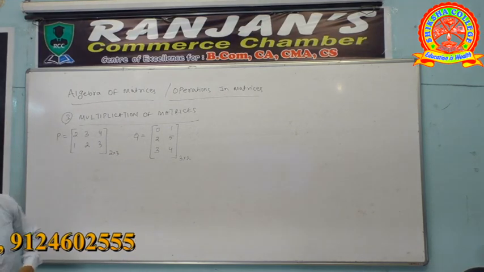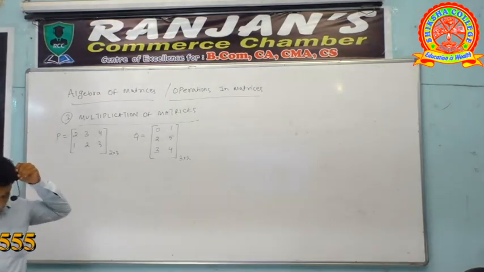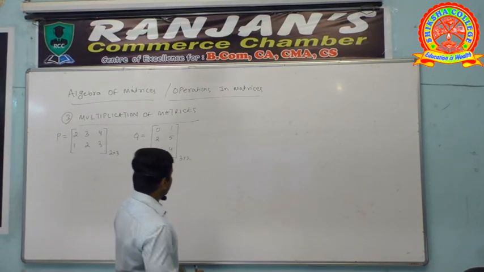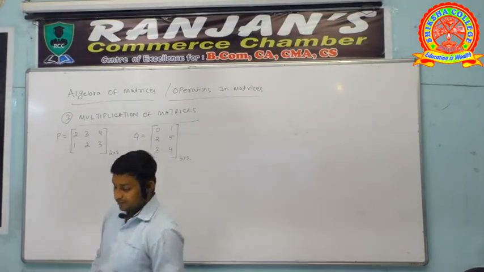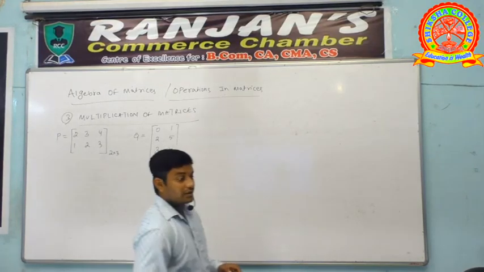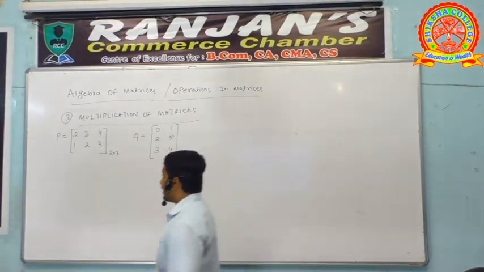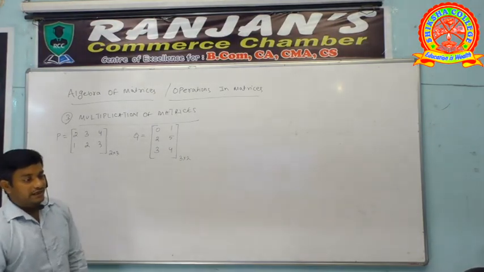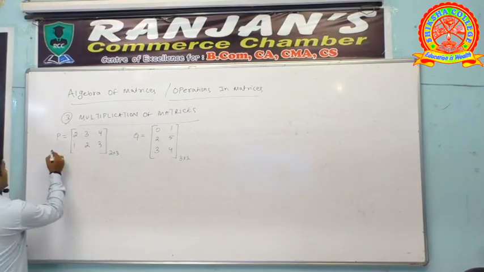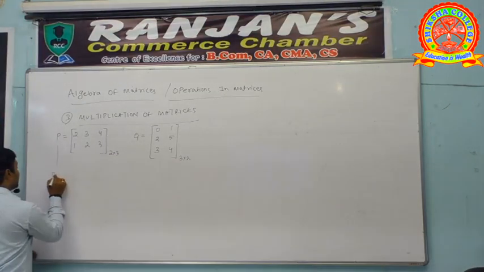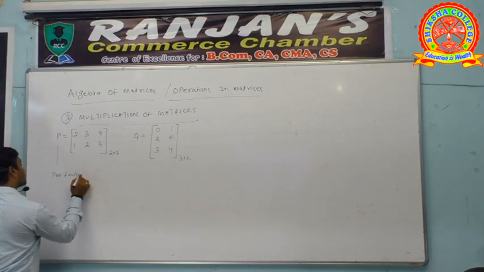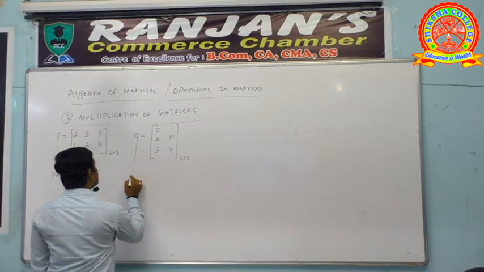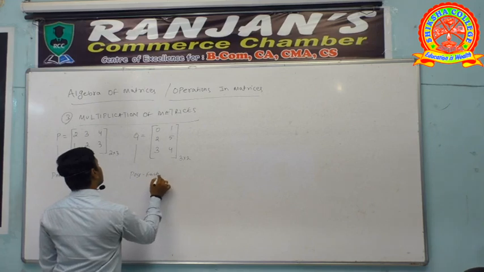So here the condition is satisfied, because the number of columns in the first matrix is equal to the number of rows in the second matrix. Sorry, I forgot to tell you one more thing: in multiplication we say first and second matrix. The first matrix, here P, is known as the prefactor, and the second matrix, here Q, is known as the post factor.